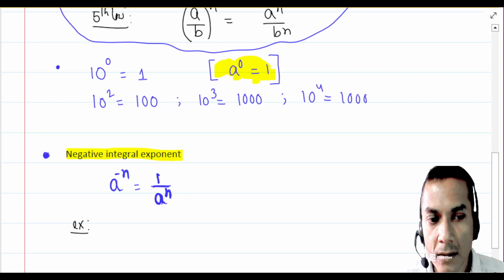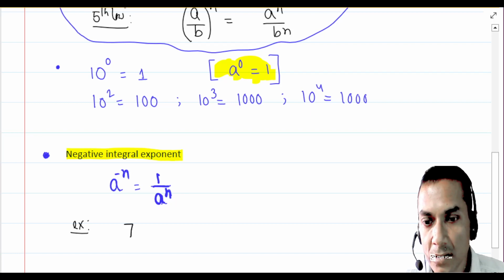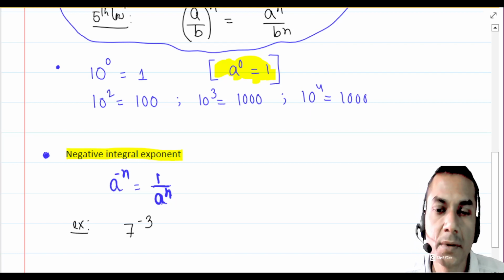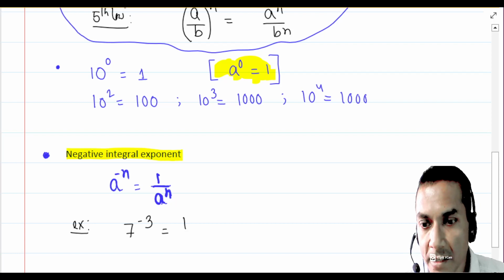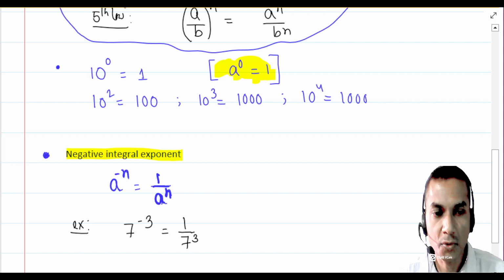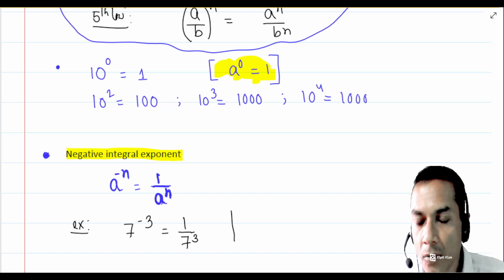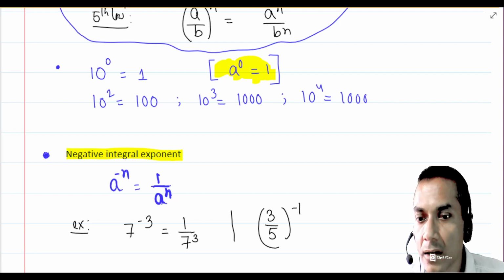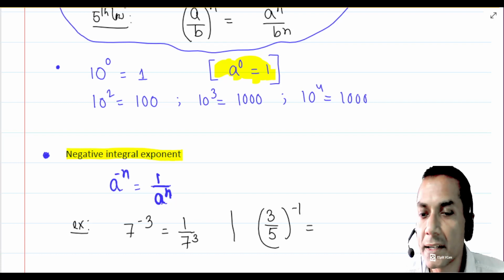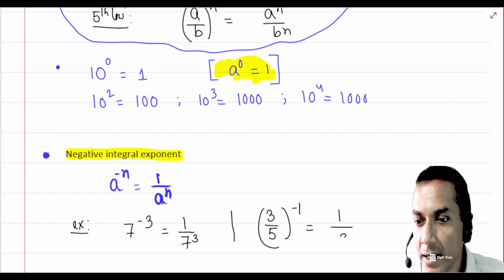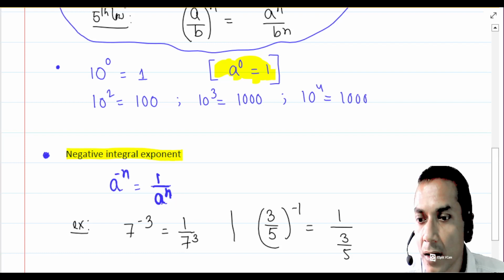Suppose anybody asks you what is the value of 7 to the power minus 3? It is the same as 1 by 7 to the power 3. This way you have to read it. Now if I consider 3 by 5 to the power minus 1, what value will we get? It will be 1 by 3 by 5.